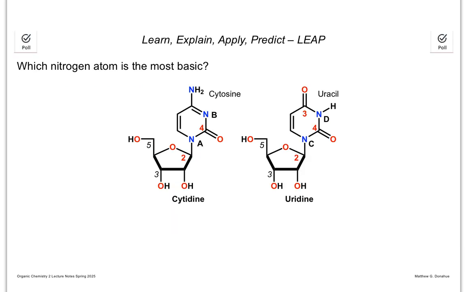So to understand why these things hydrogen bond, which nitrogen atom is the most basic? Which one? So A, B, C, or D? So 3 of them are kind of the same, one is very different.